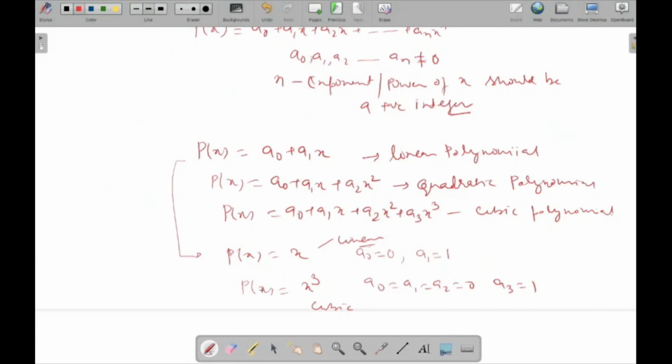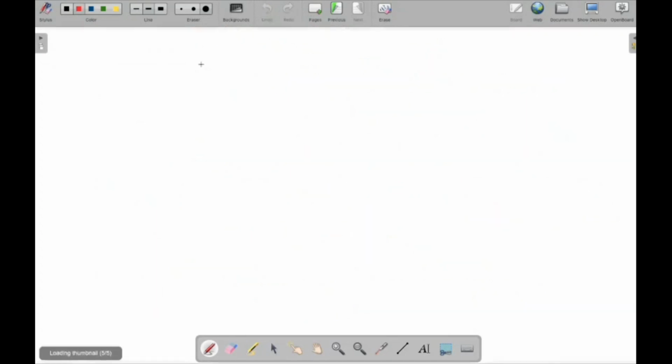What will not be called a polynomial is, for example, p(x) equals 1 plus x to the power 3 by 2. Though here I have x to the power 1, the other exponent is a fraction, so it's not a polynomial.